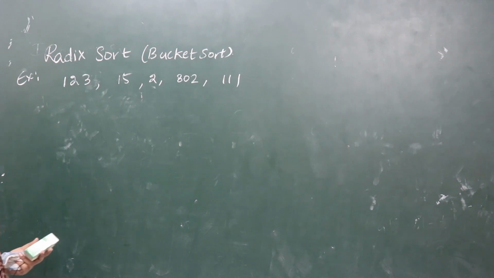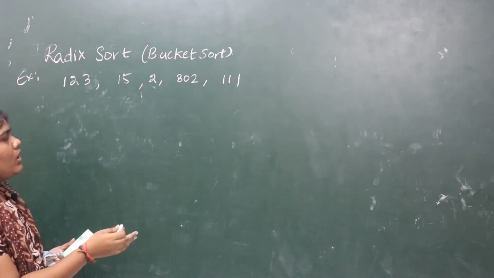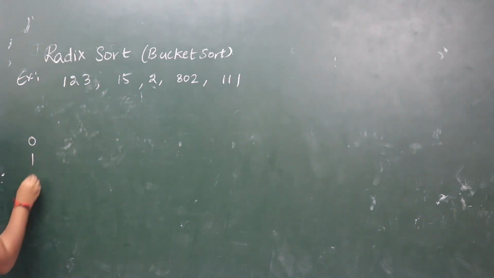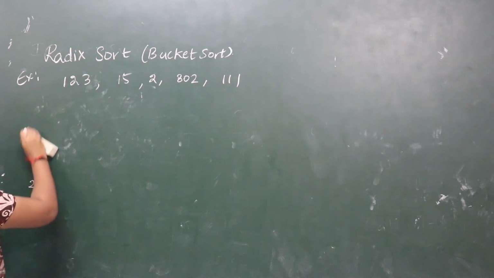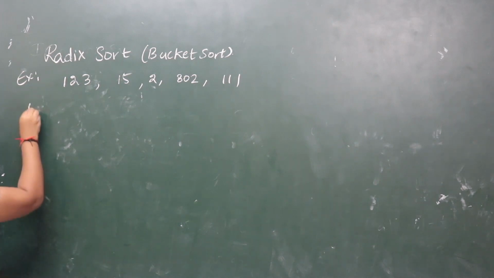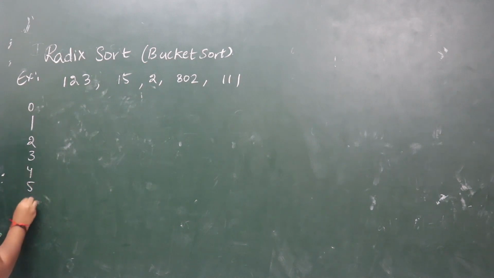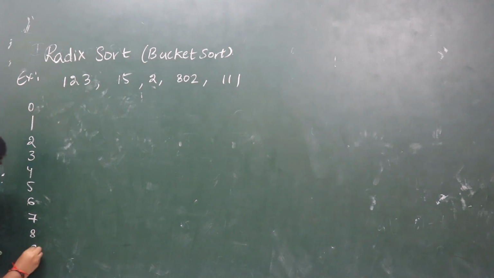Why is it called bucket? Because we will take each position, each number in the ones position, say 0, 1, 2. In the numbers, all 5 numbers vary up to 9. So we will take 10 buckets, use the ones position, and insert each one into its bucket.